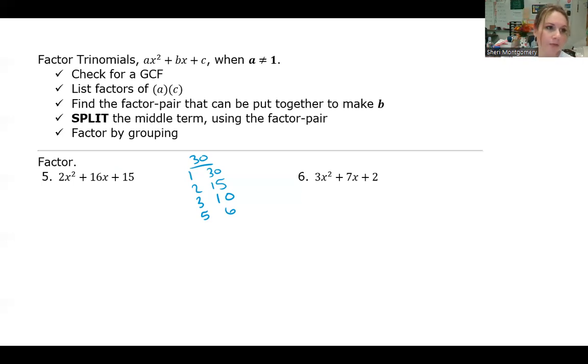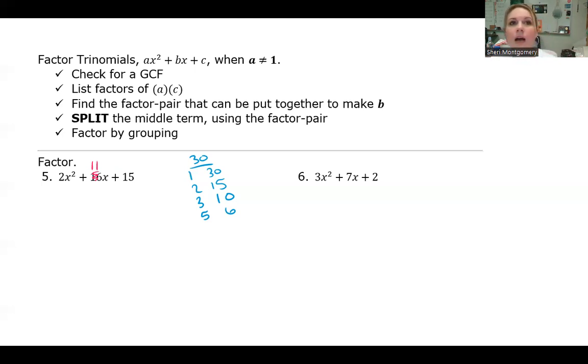Thank you for your grace. So this is supposed to be 11. I'm still looking for the pair that can put together to give me the middle term, which isn't 16 because that wouldn't work.